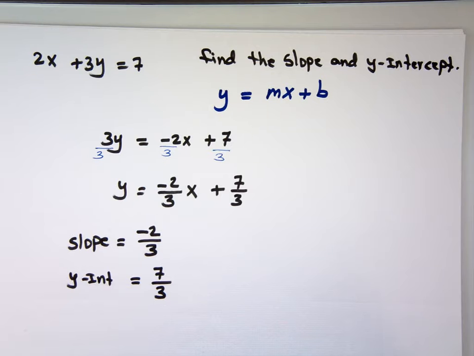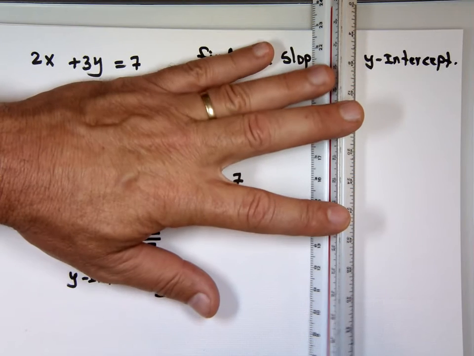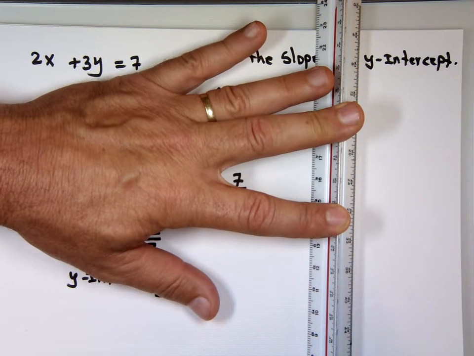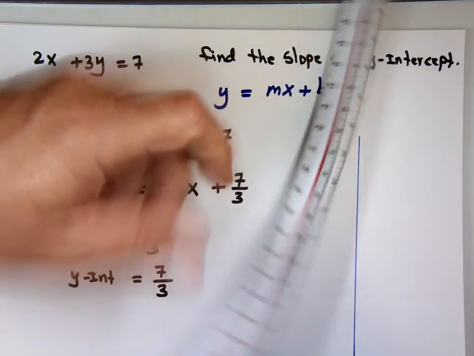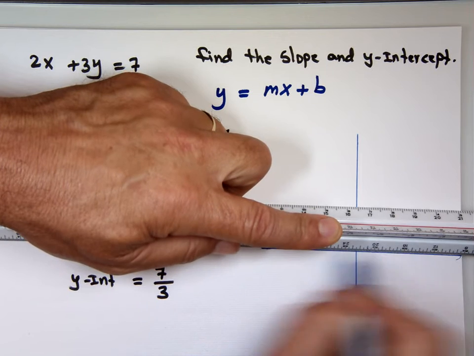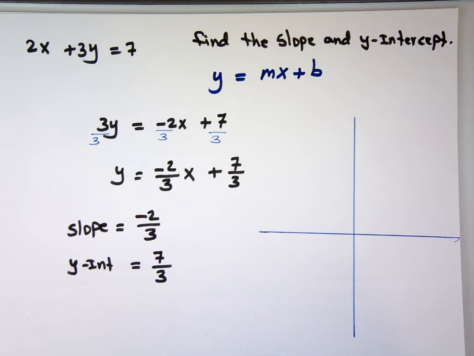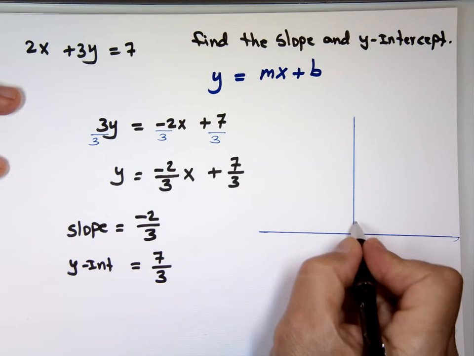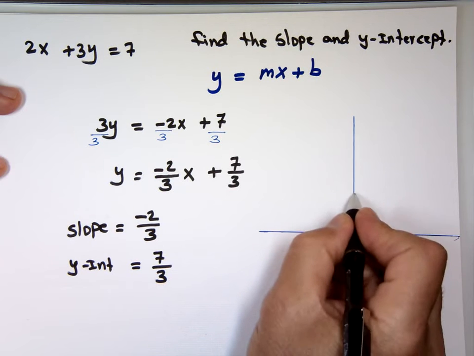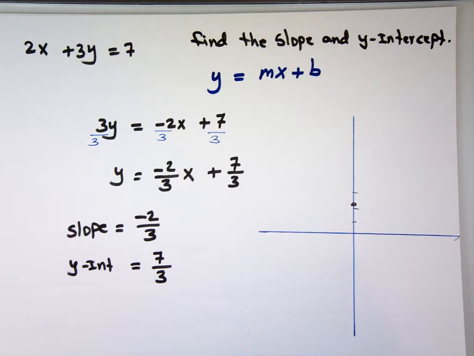Now again, if I want to graph that, there we go. Let's find the y-intercept. The y-intercept is 7 over 3. That's 2 1/3 roughly. So right there, that's the y-intercept, 2 1/3.